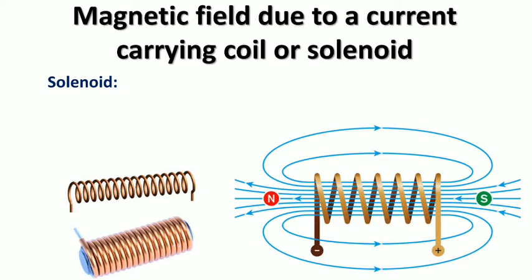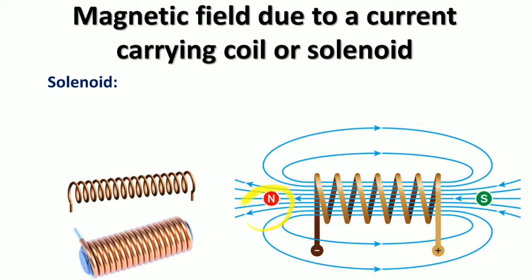This is a solenoid. We have supplied a current to the solenoid. Then what happens? This supplied current produces a kind of magnetic field around this solenoid, inside the solenoid. So the south pole and the north pole are created.